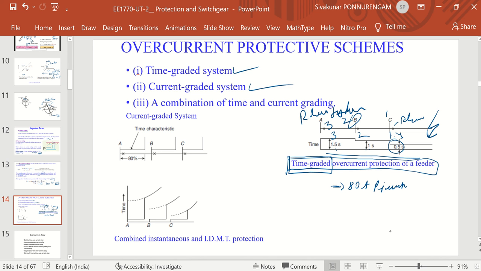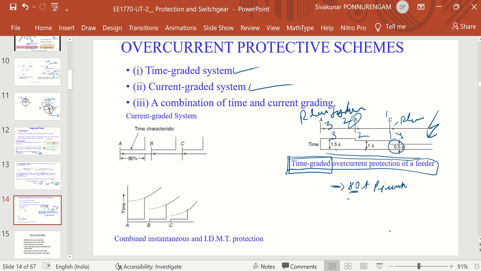If the relay is not tripping, again relay 2 waits for 1 second, and if the 80 amps is continuous, the relay will trip. Again it may wait 1.5 seconds after reaching its maximum value. So this is the operation of the time graded operation.